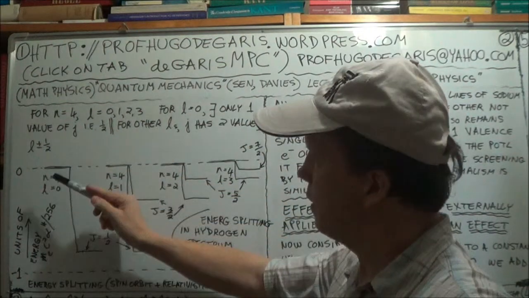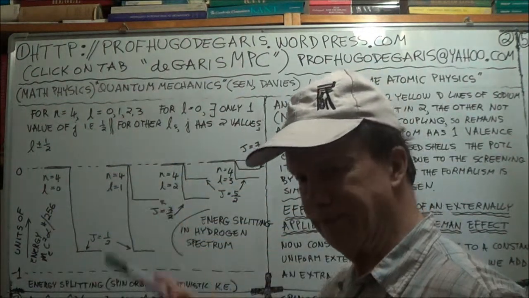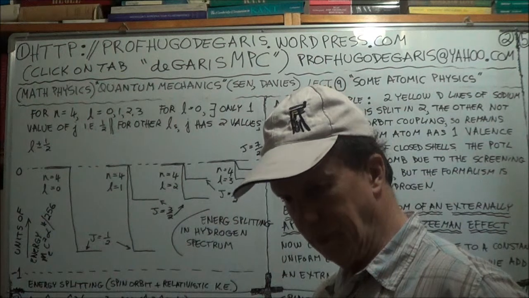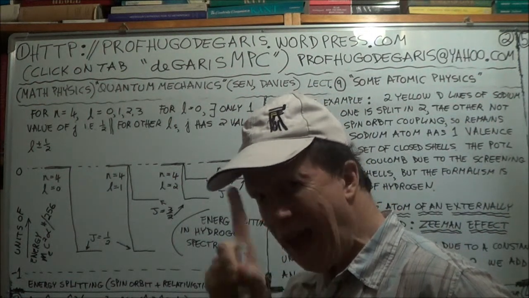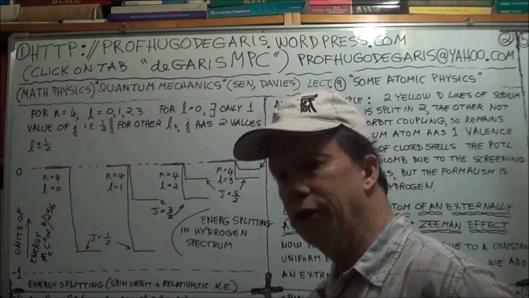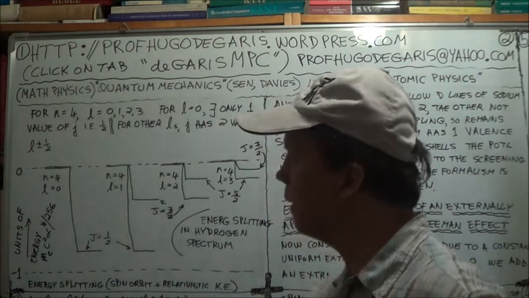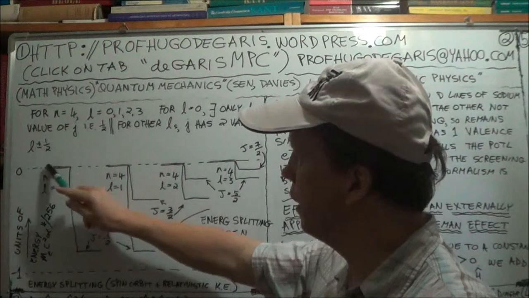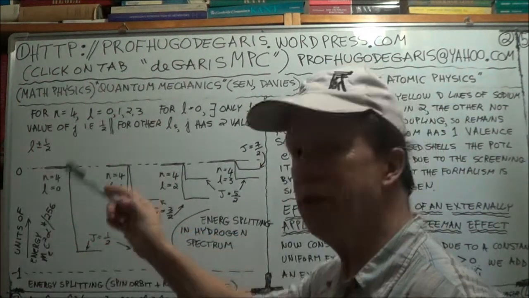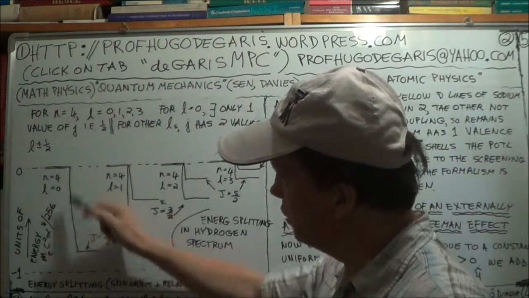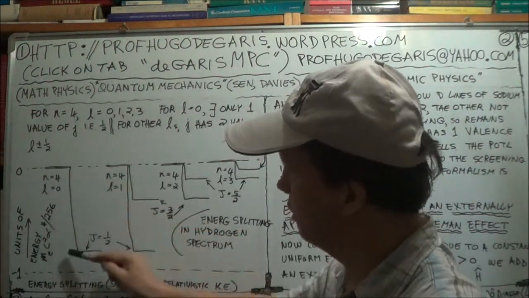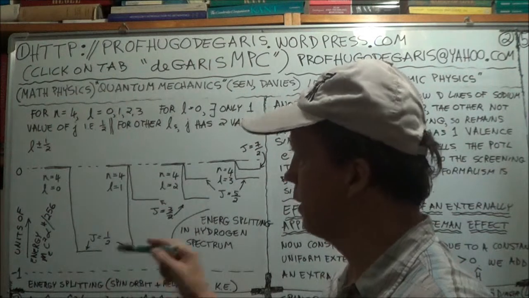Now, when there's no spin-orbit coupling, imagine, and no relativistic kinetic energy effect, then the energy eigenvalue would be here. Now switch on those two things magically, and you'll get this energy correction. The energy will go down a bit, this much.